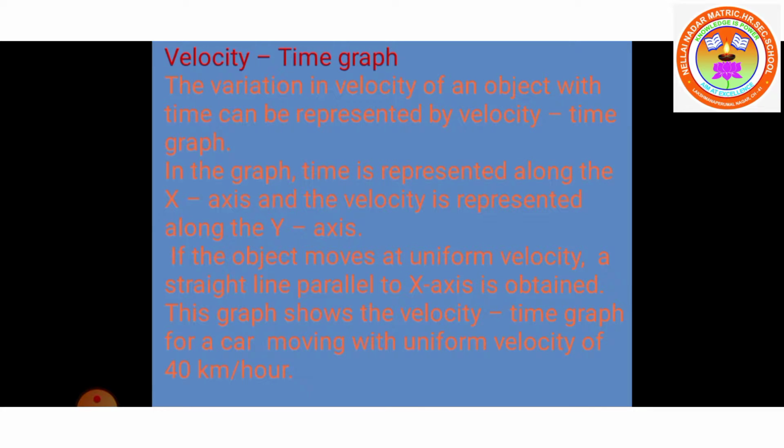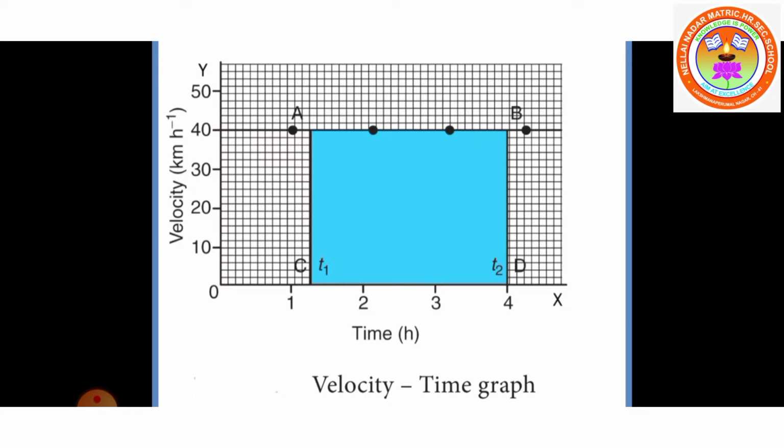In that graph, if the object moves at a uniform velocity, a straight line parallel to the x-axis is obtained. Okay students, here a straight line parallel to the x-axis is obtained, which means the type of motion is uniform motion. We take one example: a car traveling over a time.